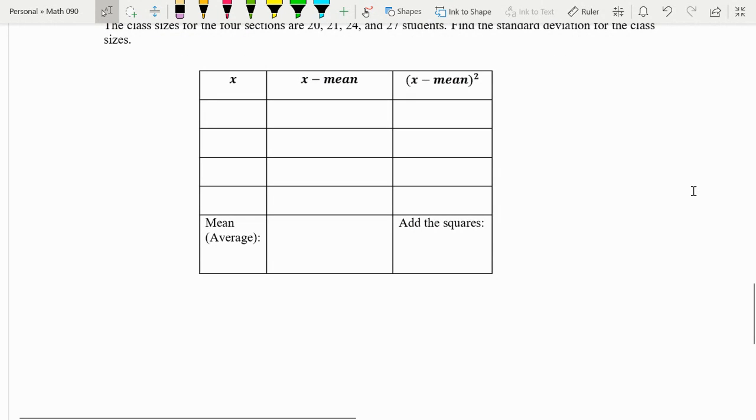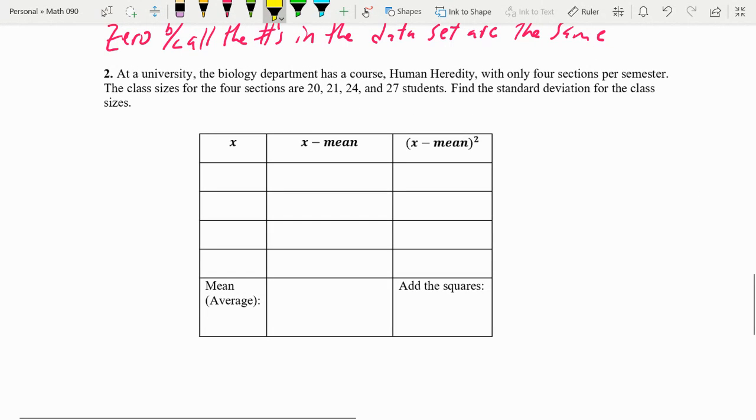Number 2. Here's my data set. There's my numbers. Again, hopefully you're hitting pause, trying this yourself, and then you go back and see if you got it right. So our mean, we add up all those numbers. 20 plus 21, 24 plus 27.